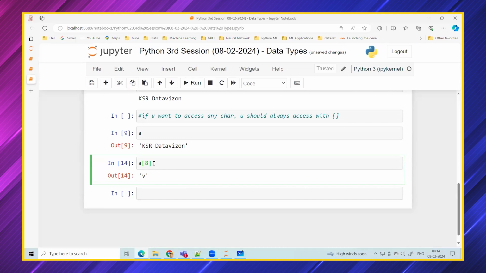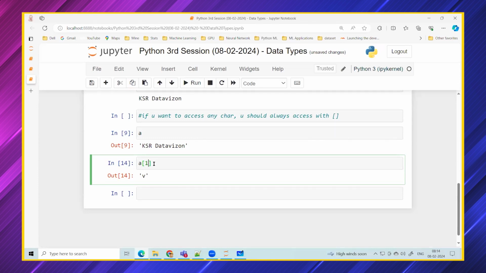Now, in KSR Data Vision, I want to access K. K is the first element, so logically, A of 1 should give me the answer. A is a string, I've already assigned A to a string value.